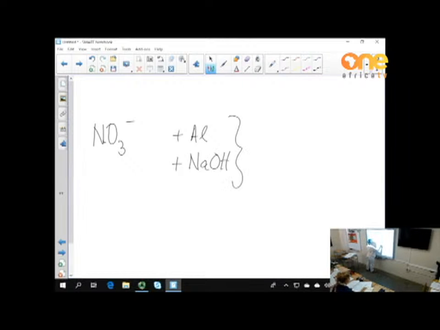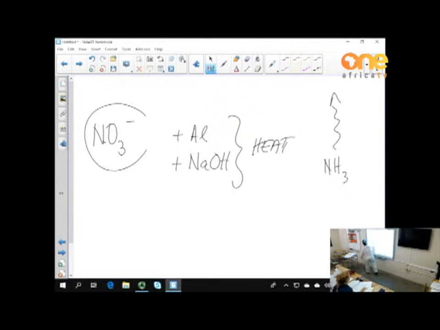Then you will very gently heat this. And a gas will be given off, which, if it is a nitrate, the gas that would be produced with this would be ammonia. And how do we test for ammonia?